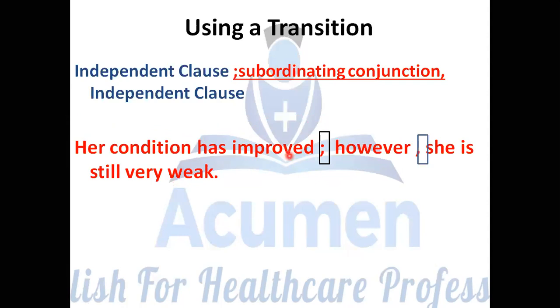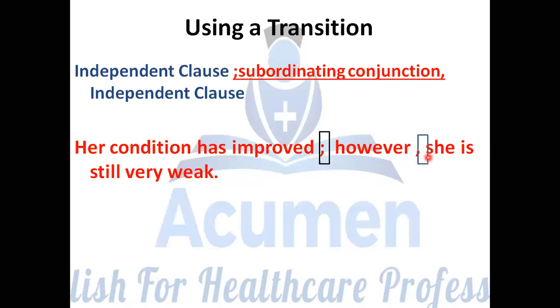And the third way is using any of the transitions. Okay, transitions such as however, in addition, therefore, whatever is suitable in that context. So again, if you are connecting two sentences using a transition, you need to have a semicolon before the transition and a comma after the transition.